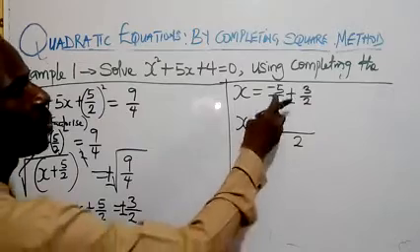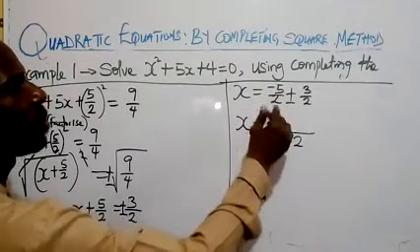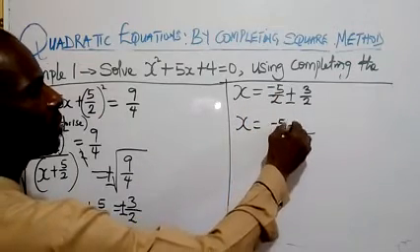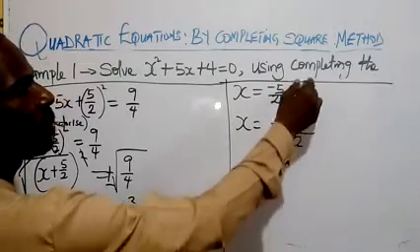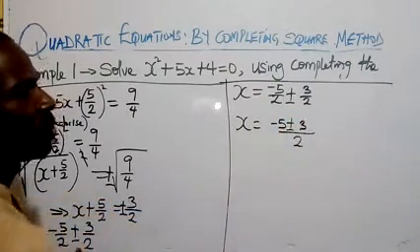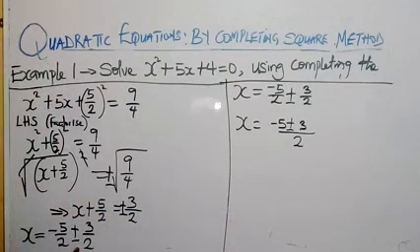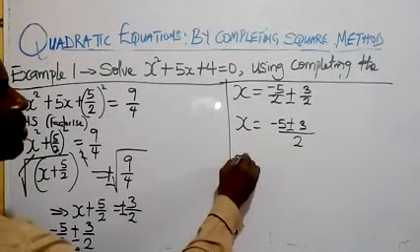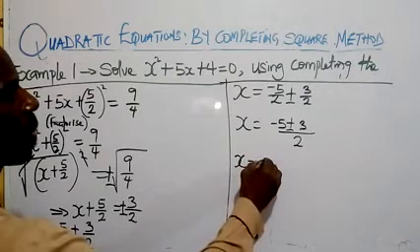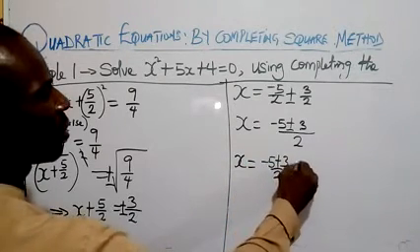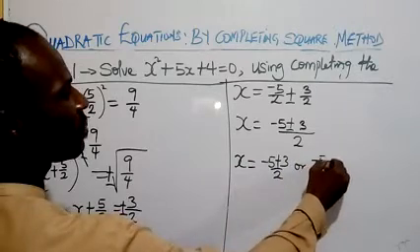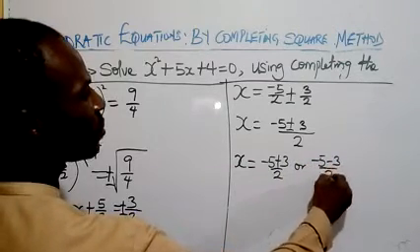Alright, how many 2 can you get into 1? 1 multiplied by minus 5, you have minus 5. The same plus or minus. 2 into 1, 1 multiplied by 3, you have 3. Alright, the value of our x equals minus 5 plus 3 divided by 2, or minus 5 minus 3 divided by 2.